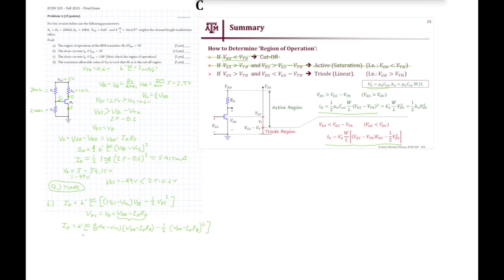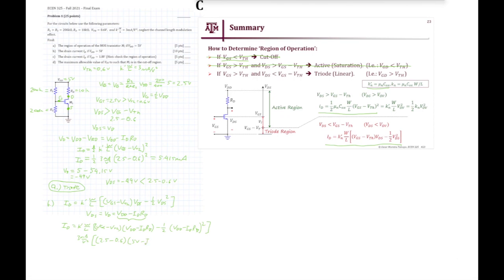And we know that our K prime W over L is 3 milliamps per volt squared. Our VGS is 2.5 volts. Our VTH is 0.6. Our VDD is 5 volts.